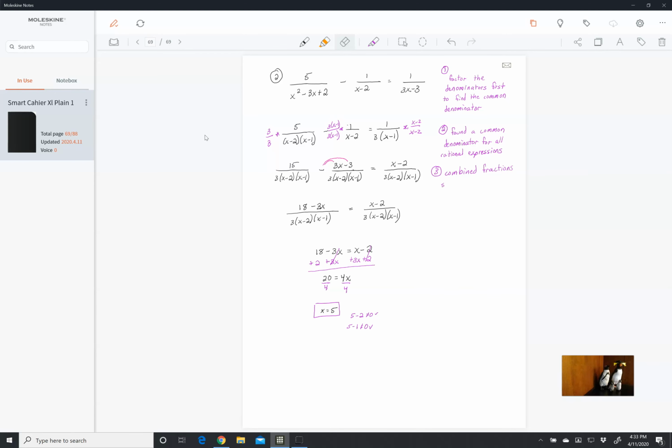So we had 1 on the left, and 1 on the right. Now we can set the numerators equal to each other. Okay, we're ignoring the denominators for the moment.